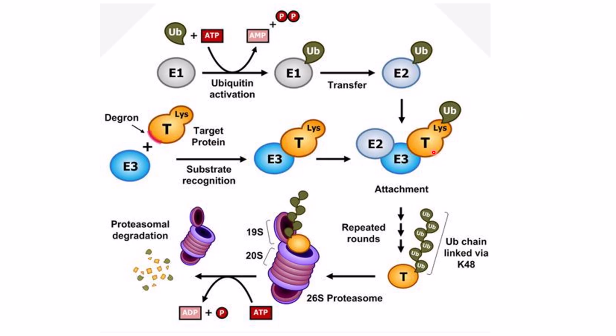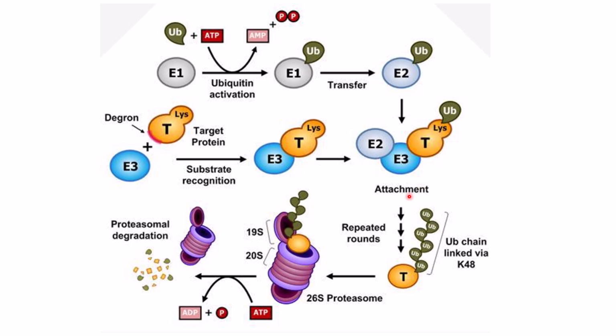Okay, now this E3 ligase will transfer the ubiquitin from the E2 enzyme to this target protein. So what will happen is, it will create an isopeptide bond between the glycine residue at the C terminus of ubiquitin and the lysine residue in the target protein.